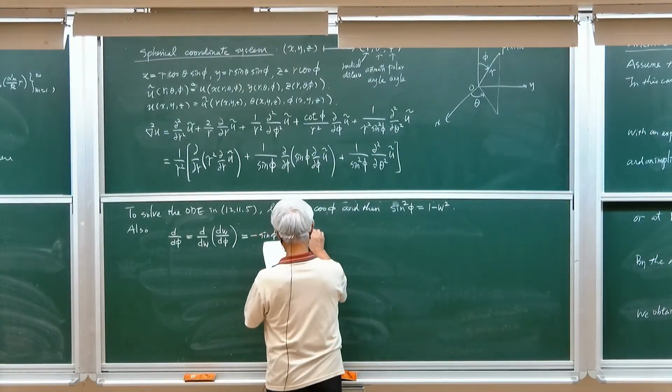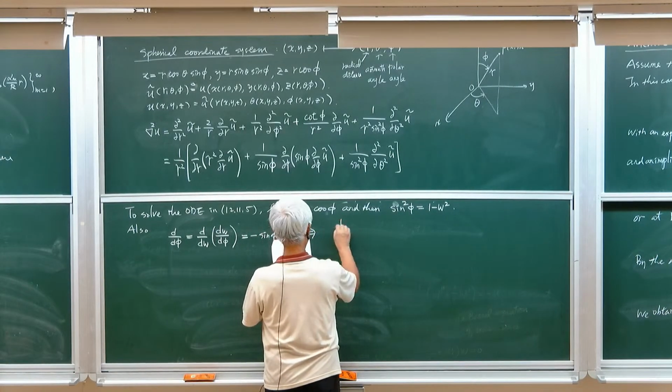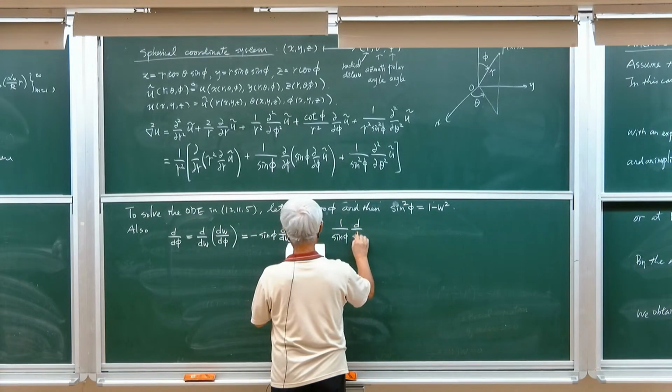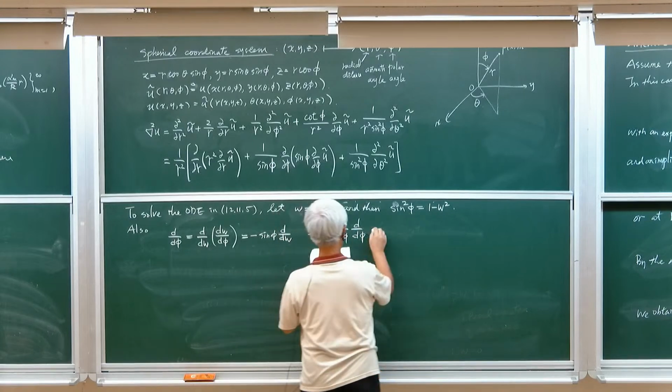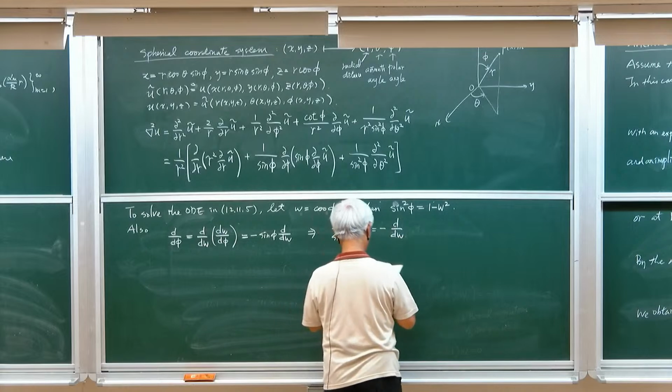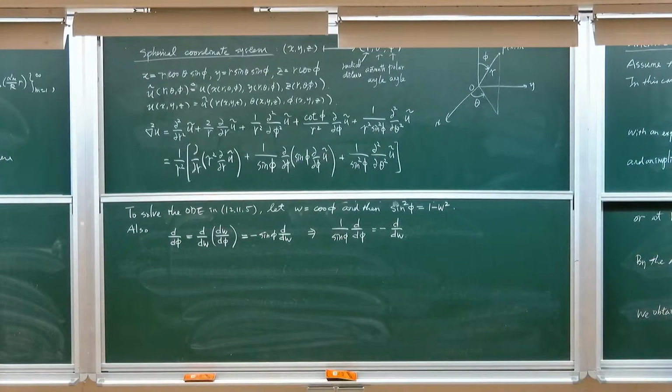Okay, and so 1 over sine phi d d phi is equal to minus d dw.